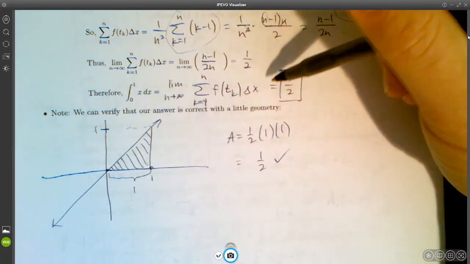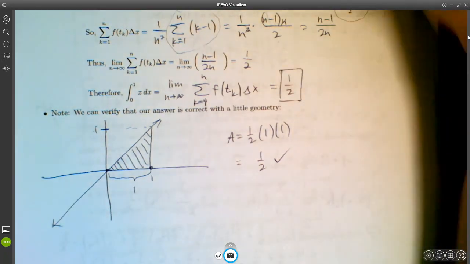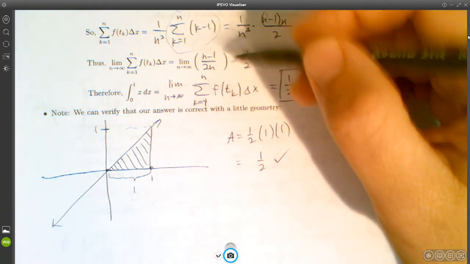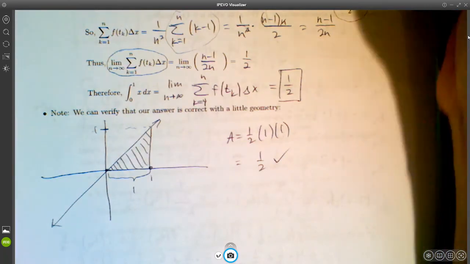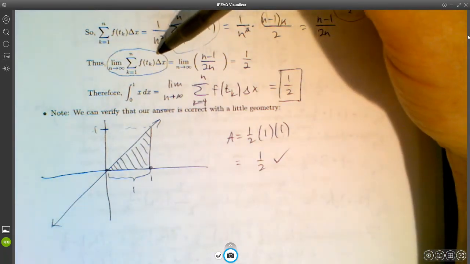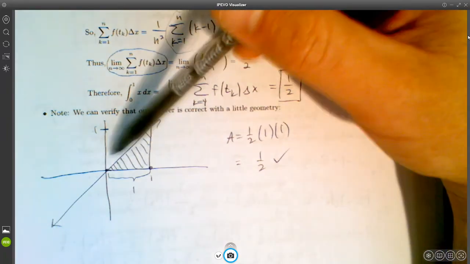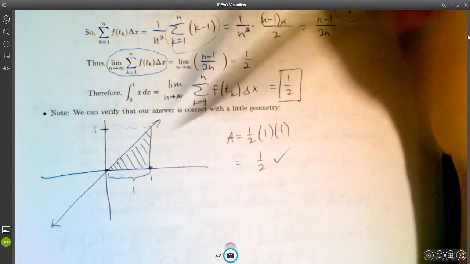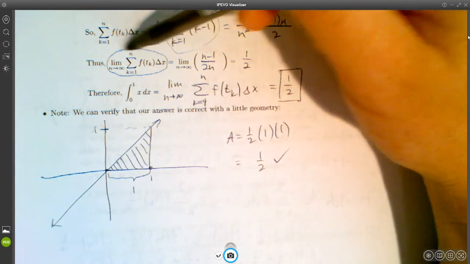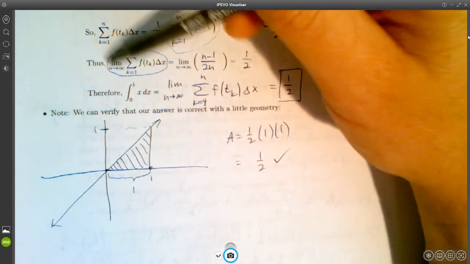What's nice about this formula that we have, this formula for the integral, is that it allows us to find the area under a curve when you have something that's nonlinear. Obviously, if you have a linear function, you can always just find the area of a triangle, but if your function is nonlinear, you can still do this process.